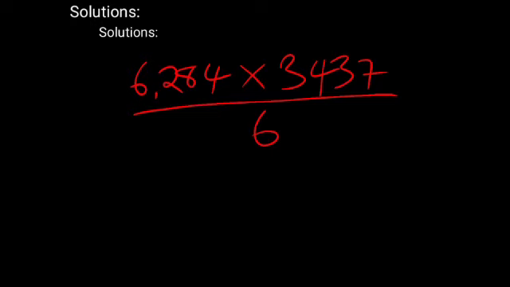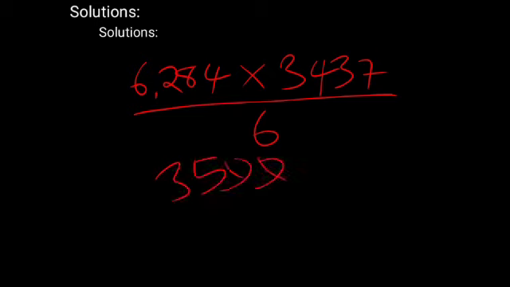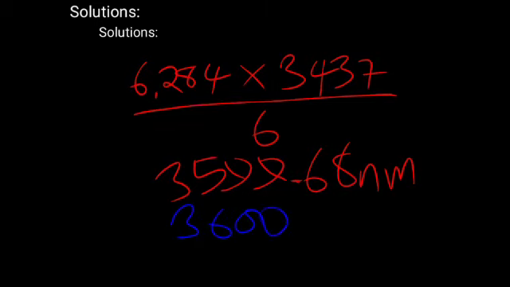We are going to get 3,599.68 nautical miles, which can be rounded off to the nearest hundred, and it's going to be 3,600 nautical miles. Okay, now let's go and calculate the speed.